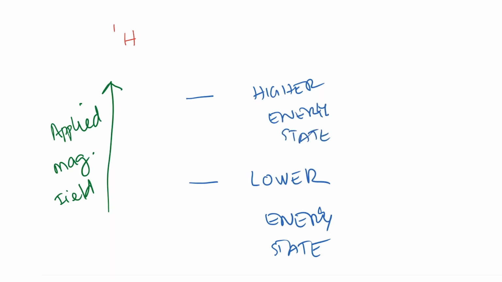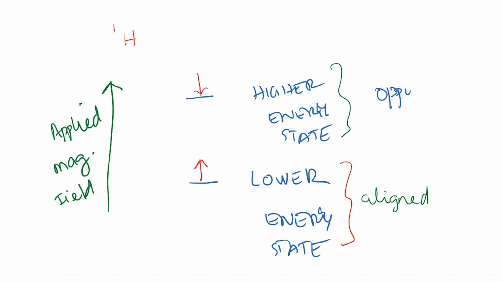These two energy states are basically one where the spin of the nucleus, or the proton, is aligned with the magnetic field, and one where the spin of the proton is opposing the magnetic field. The lower energy state is the one where it is aligned with the magnetic field, and the higher energy state is the one opposed to the applied magnetic field.